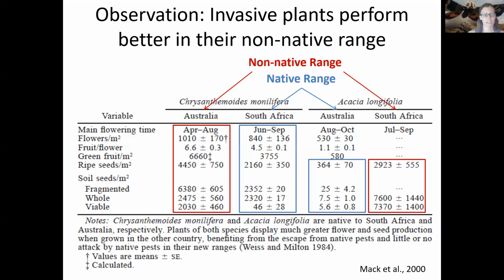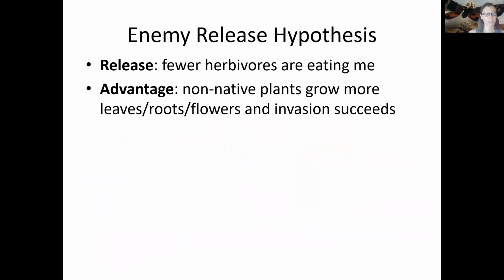And so the hypothesis for why that's happening is because fewer critters are eating the seeds in the non-native range, because those critters that would have eaten the seeds have been left behind in the native range and not been introduced along with these shrubs into South Africa or into Australia. So the idea behind the enemy release hypothesis is that you are released, if you're a plant, from herbivory.